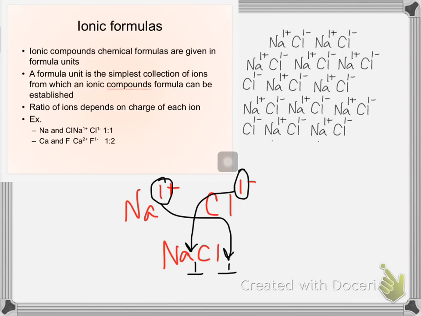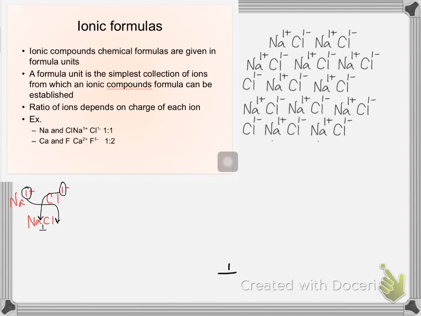Let's do one that isn't beautiful. Let's do magnesium chloride. What's the charge on magnesium? Fingers, number of fingers. 2. Positive or negative? Positive. So magnesium is going to be 2+. Chloride, well, we already did that. 1-.